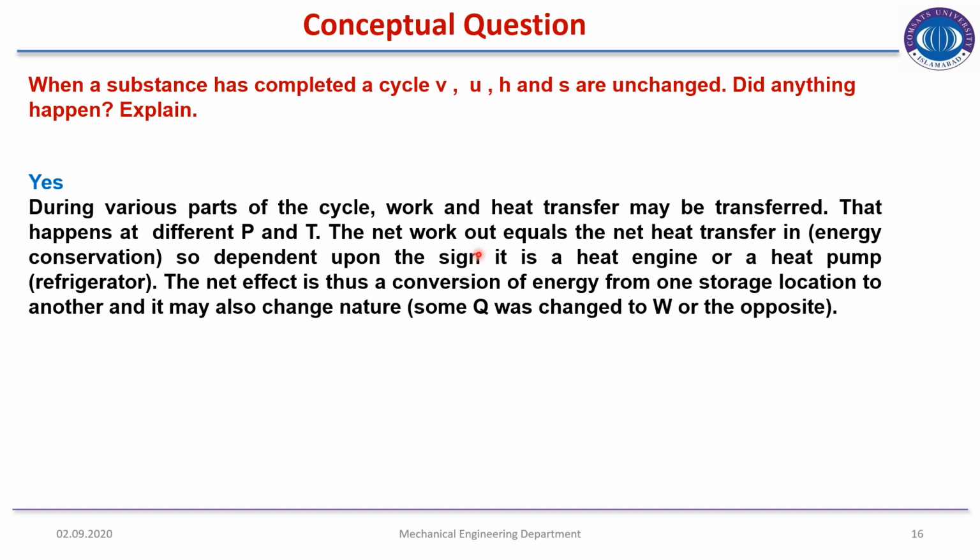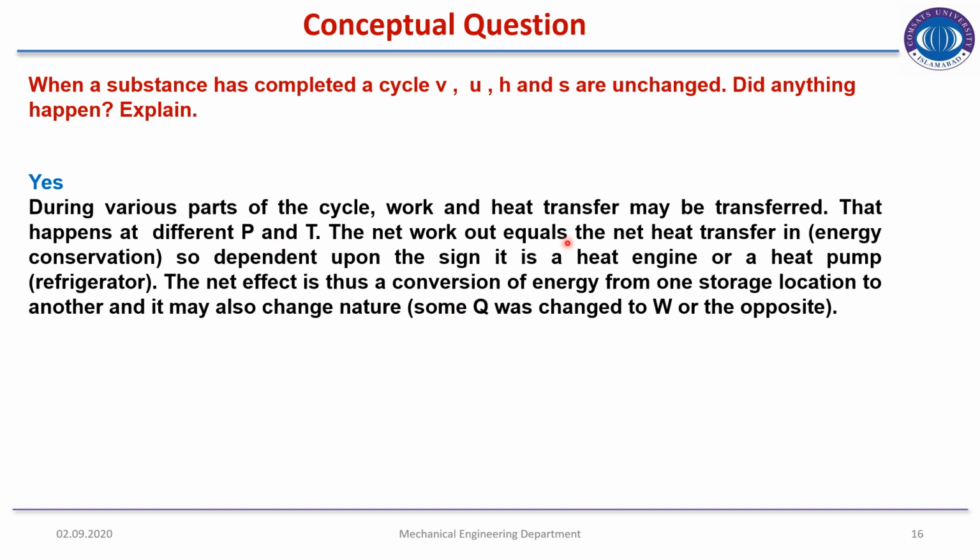So if it is a closed cycle or cyclic process and volume, internal energy, enthalpy and entropy are not changed, then the work done must be equal to the amount of heat that is supplied.